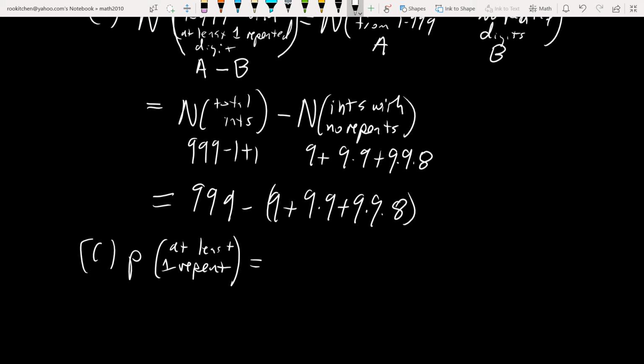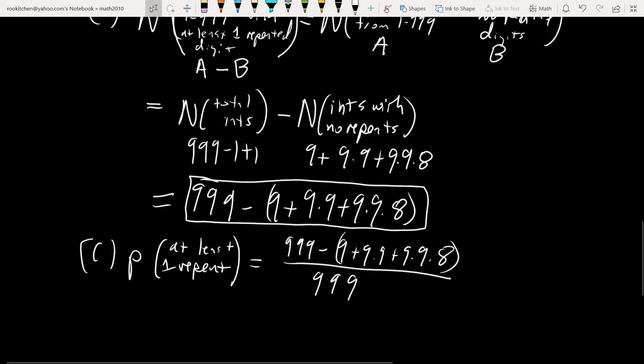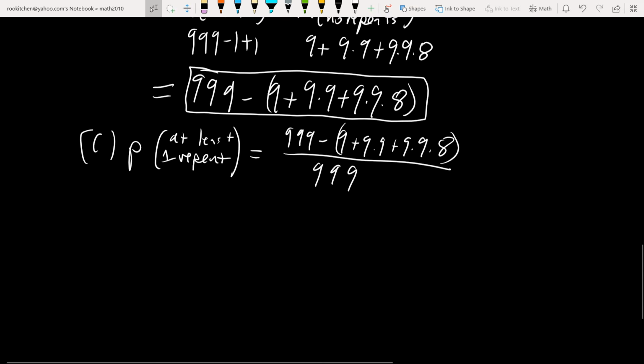That's just going to be this value above in part B, divided by the total number of integers. So it'd be 999 minus 9 plus 9 times 9 plus 9 times 9 times 8, all over the total number of possible integers, 999.